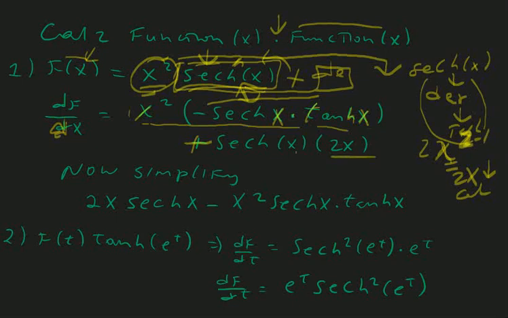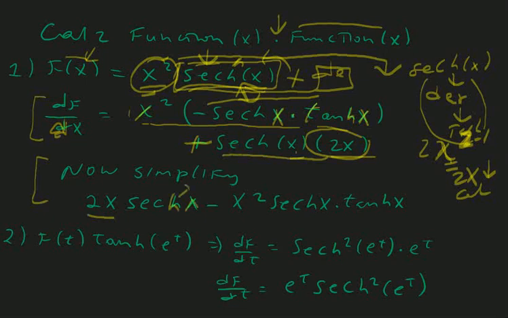So now once you do the derivative, you have to simplify. This is coefficient 2, it comes in the front. You can rewrite and organize it. So you can say this coming to the front, and then 2x with hyperbolic secant x.